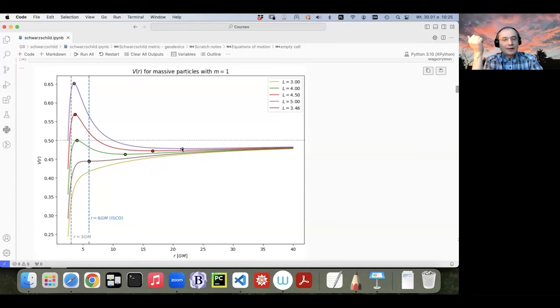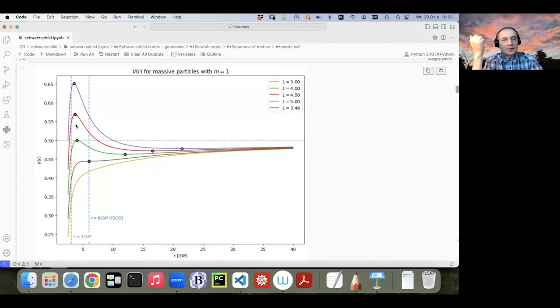This means that stable circular orbits exist only and exclusively down to the value of r equals 6GM. There are no stable circular orbits below this value. You simply cannot further decrease the angular momentum, because in that case you simply lose any maxima or minima.